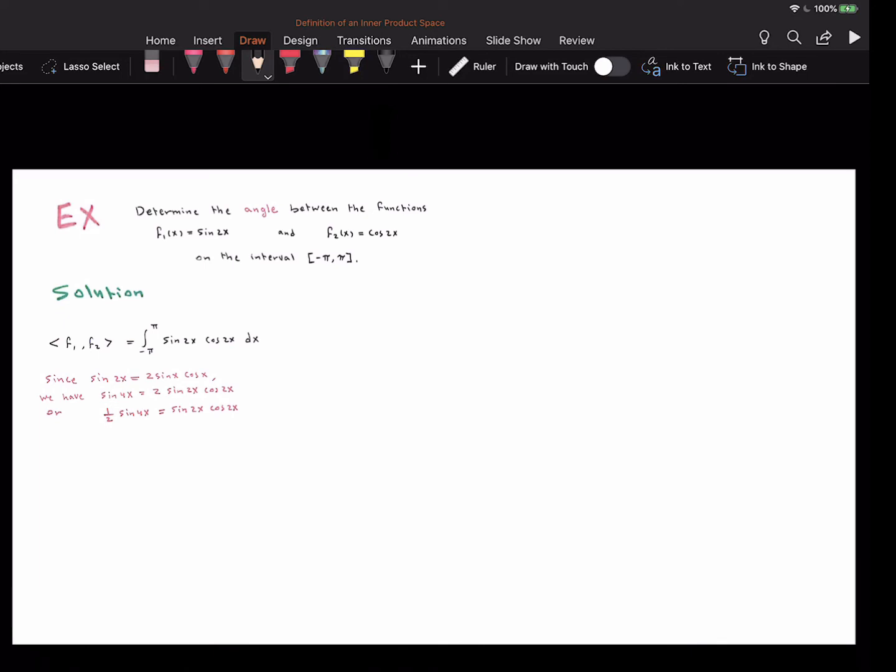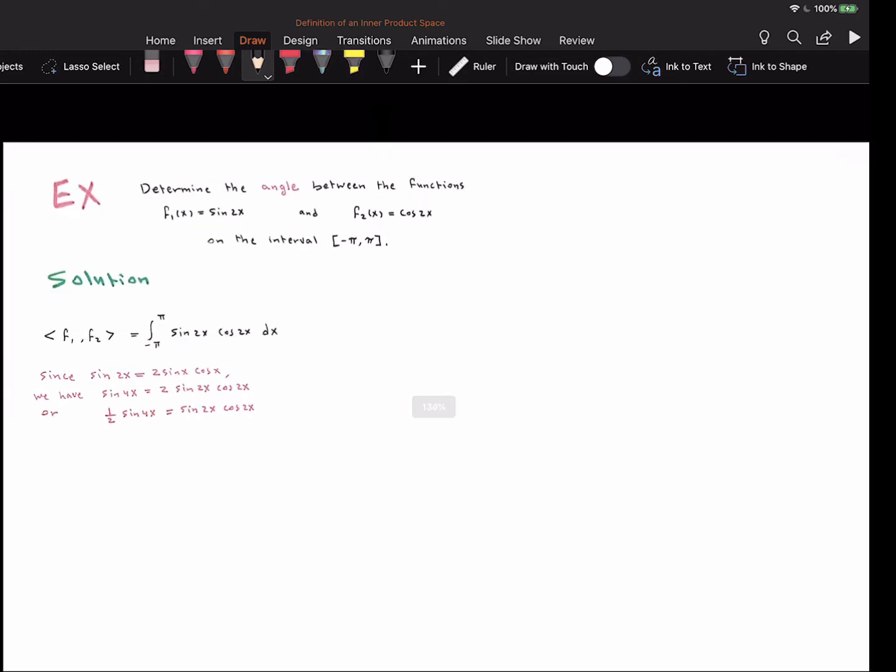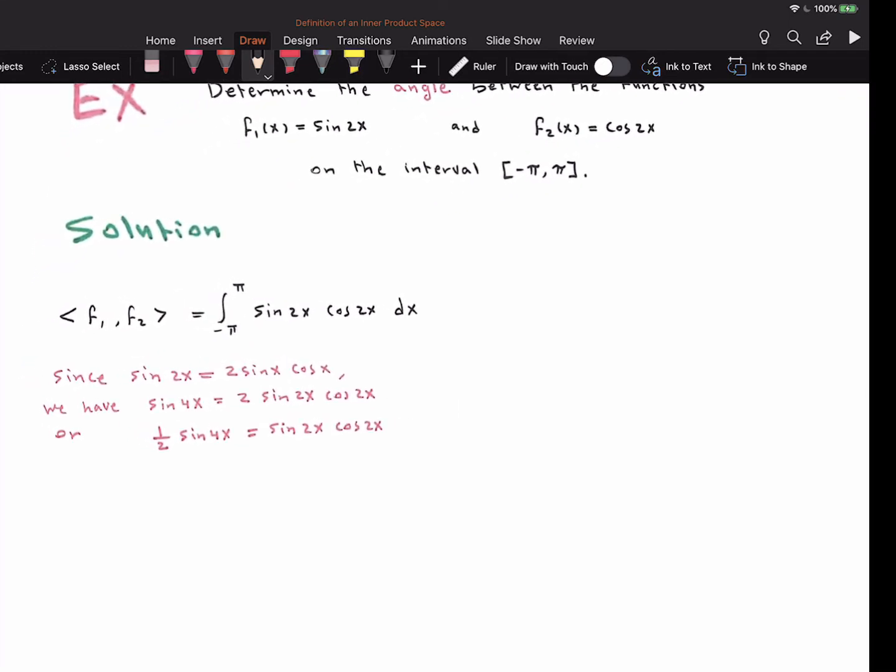Since sine 2x equals 2 sine x cosine x, we have sine 4x equals 2 sine 2x cosine 2x. So sine 2x cosine 2x will be replaced with half sine 4x.